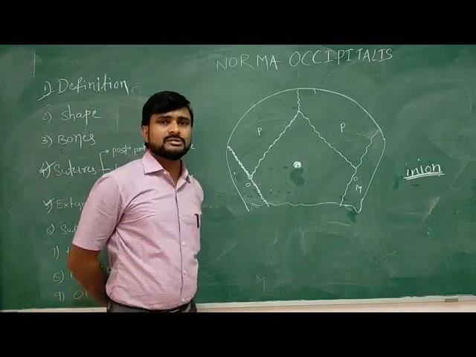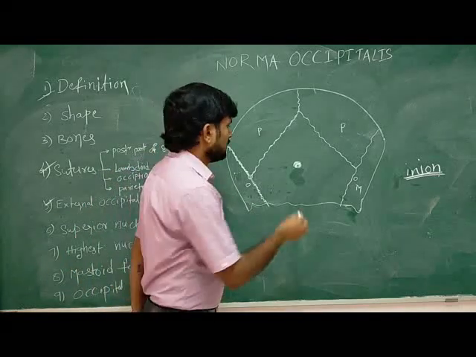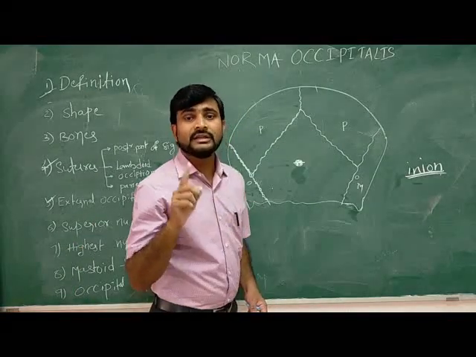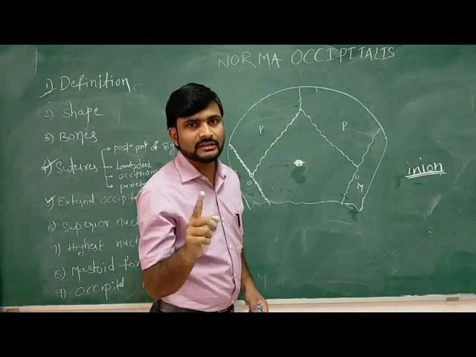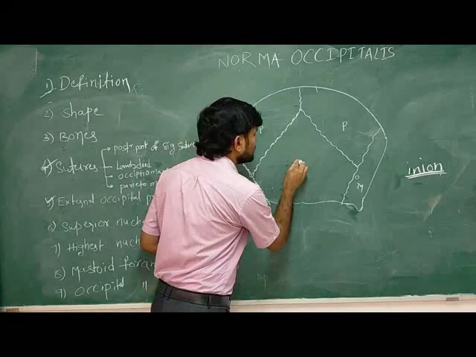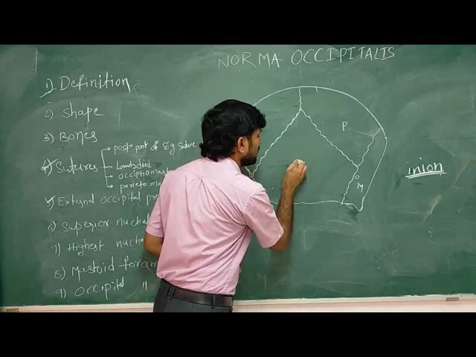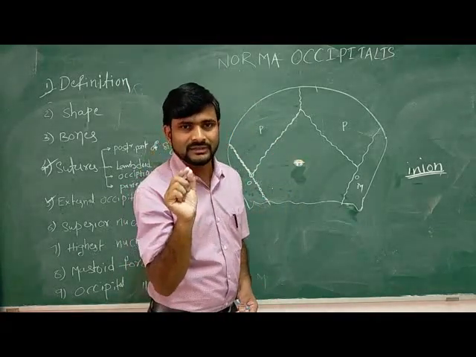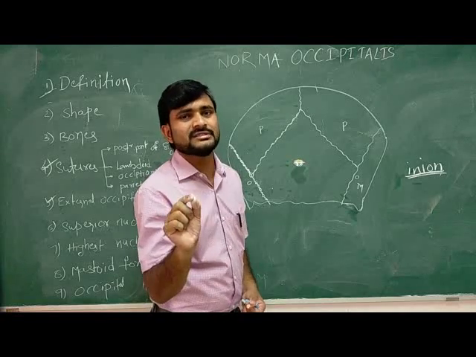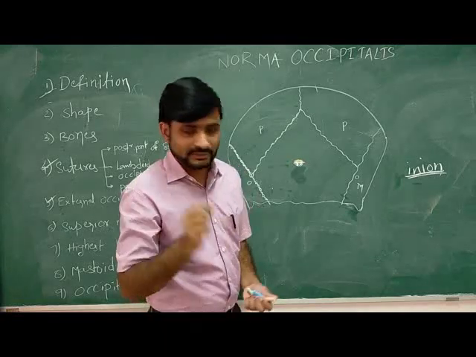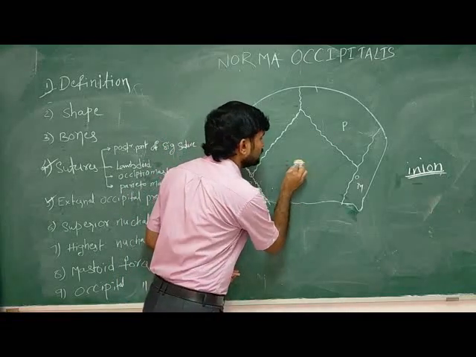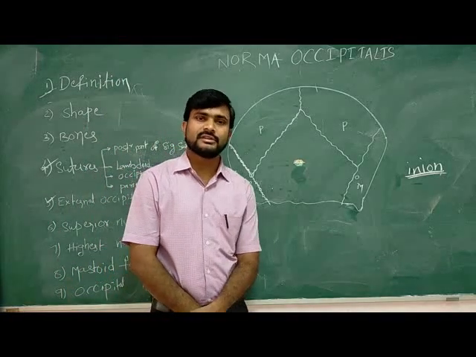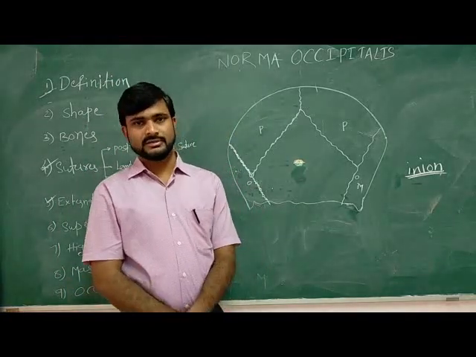Now this protuberance is divided into two parts, upper and lower. From the upper part, one muscle originates, the trapezius. From the lower part, one ligament starts, the ligamentum nuchae. So these are the attachments of the external occipital protuberance.